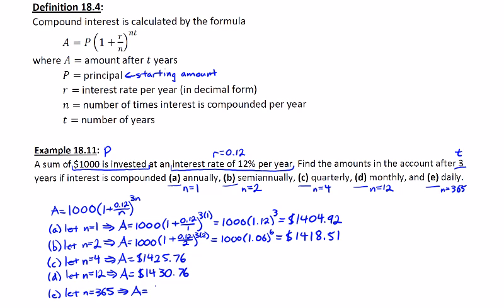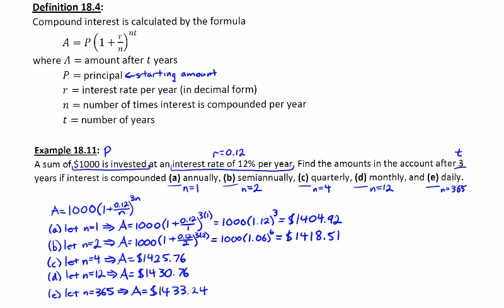And then finally for part E, where we are compounding every single day, we are going to end up with $1,433.24. So even though we made a really drastic jump from part D to part E, going from 12 times a year to 365 times a year, notice that we don't see a really dramatic jump in the end result.